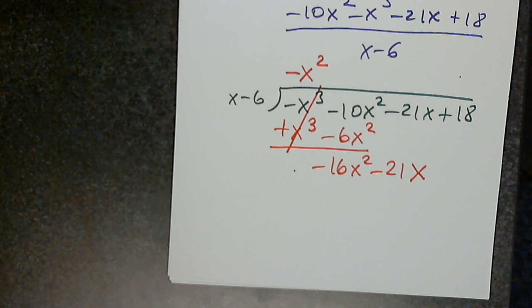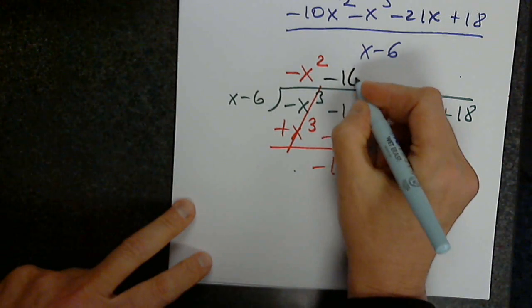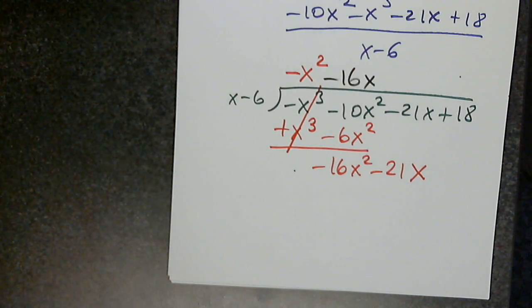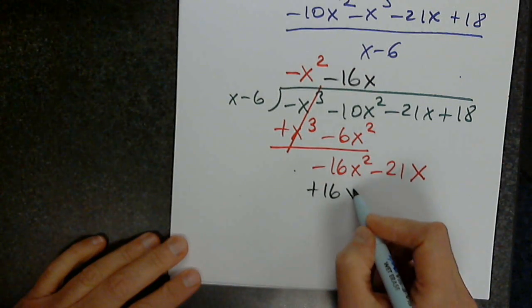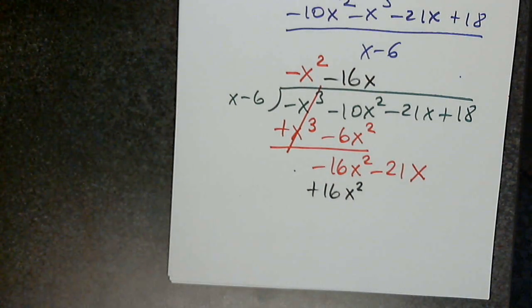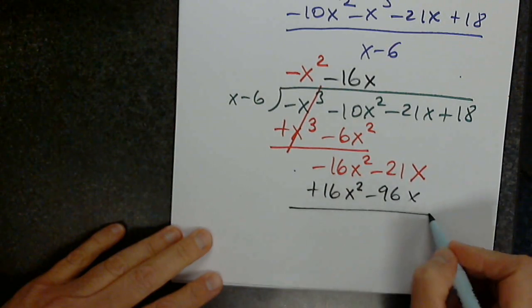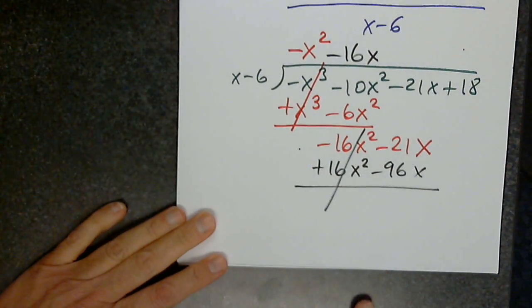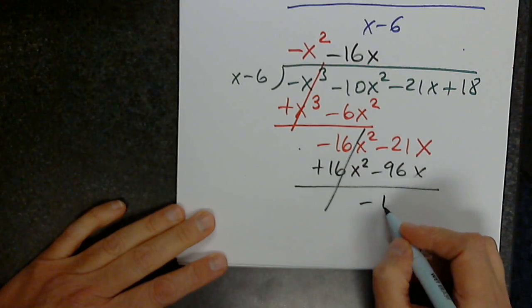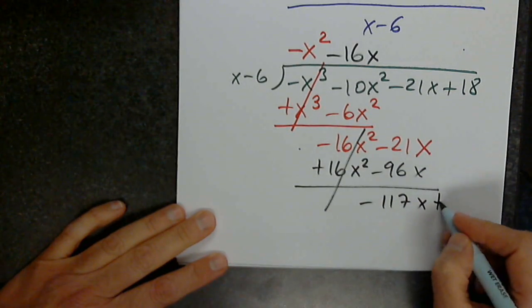X times what is negative 16x squared? Negative 16x times x is negative 16x squared, but I have to change the sign. Negative 16x times negative 6 is positive 96x, but I have to write negative 96x. Minus 117x, plus 18.